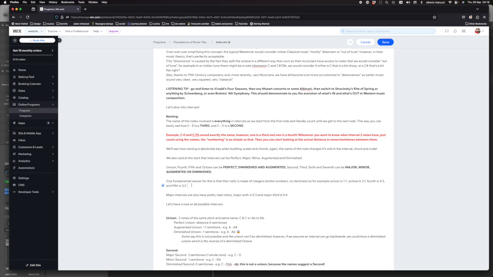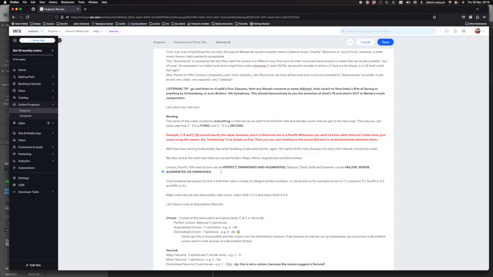Also, a perfect fourth reversed will be a perfect fifth, and a perfect fifth flipped over will be a perfect fourth. So they concatenate perfectly, and there's some sort of mathematical reason. Anyway, just stick to it. Then of course it can be diminished and augmented, so we can use accidentals.